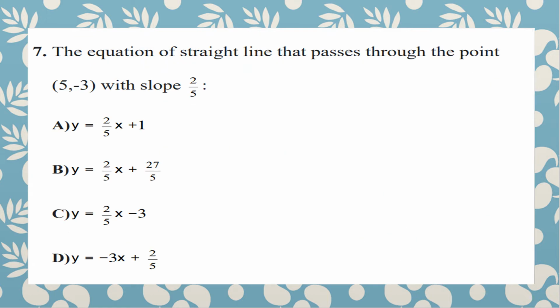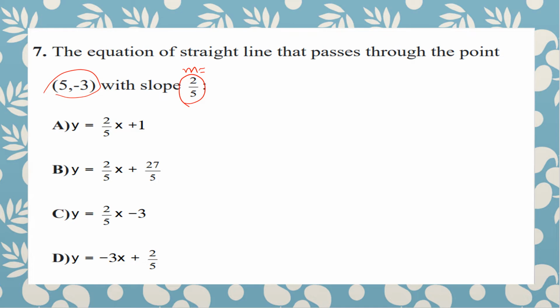Question 7. The equation of a straight line that passes through the point (5, -3) with slope m equals 2 over 5.